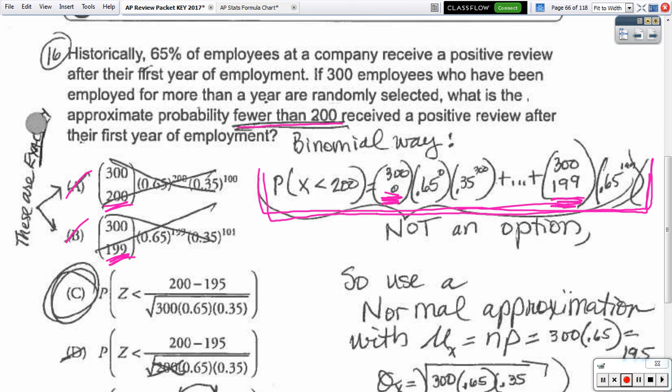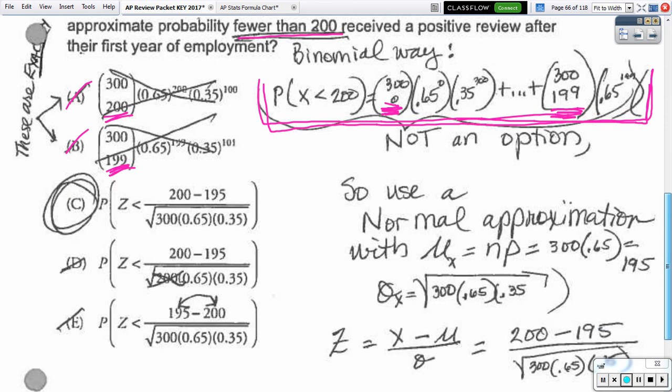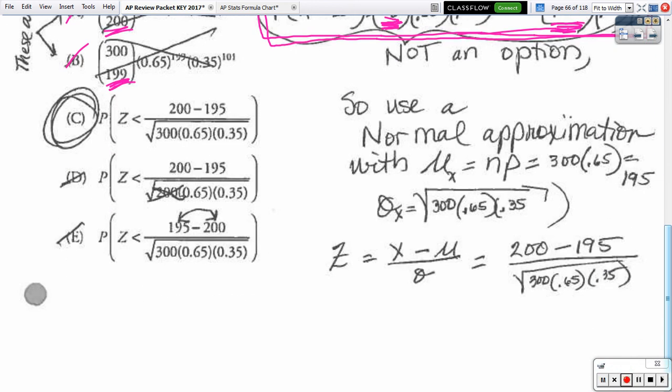So that means we're out of luck there, and we need to do the normal approximation because that's our only option left. If we're going to do the normal approximation, then we need x minus the mean over the standard deviation.